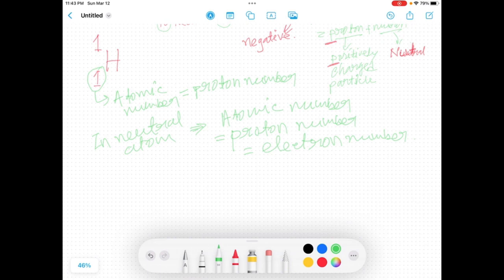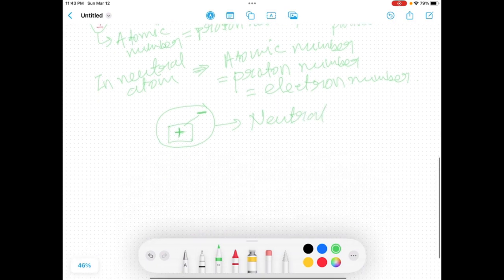That means in any atom, in the nucleus, if you have one proton, the positive charge, outside you will have one electron. So that's why the positive and negative cancel out, and that atom is neutral.